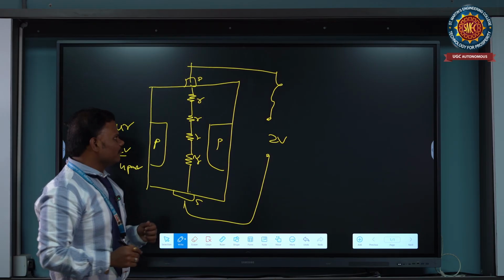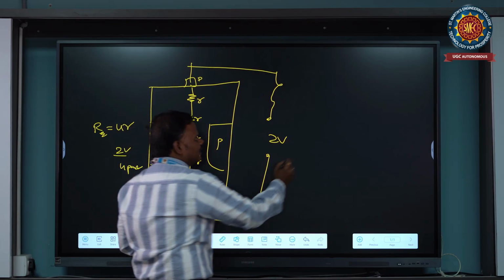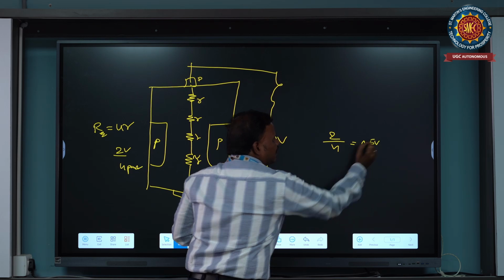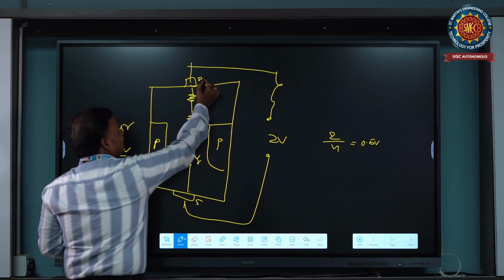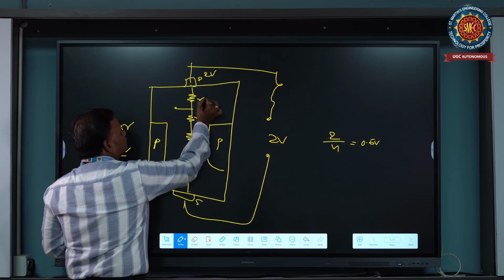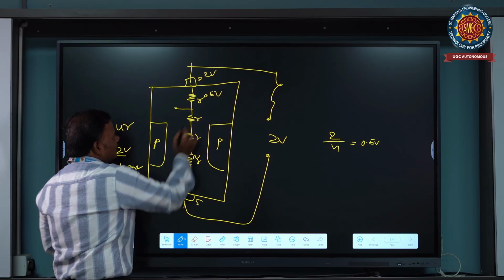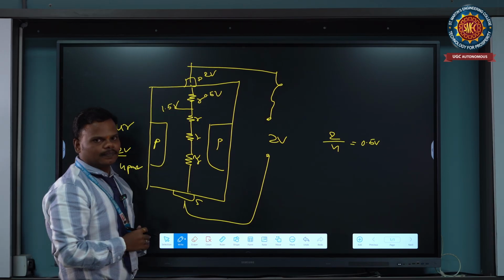The voltage drop across each R is 2 by 4, which is 0.5 volts. Hence at this point, due to the 0.5 volt drop, the voltage is 1.5 volts.